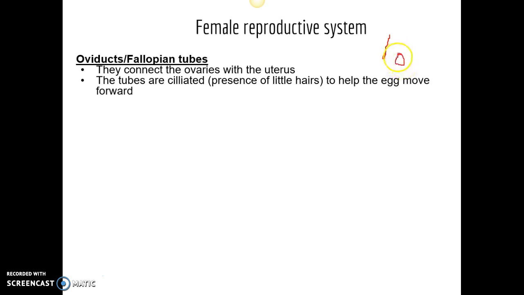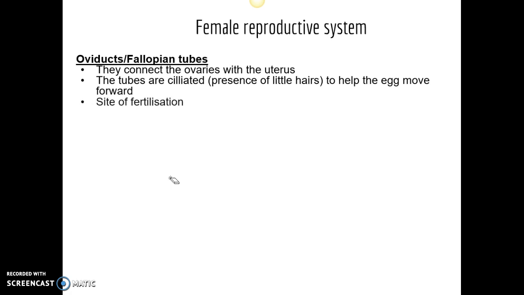On the other side, the ovum has no tail, so it doesn't have its own motility. Another group will be studying a specific difference between sperm cells and ova. So they need the oviduct to move them forward.